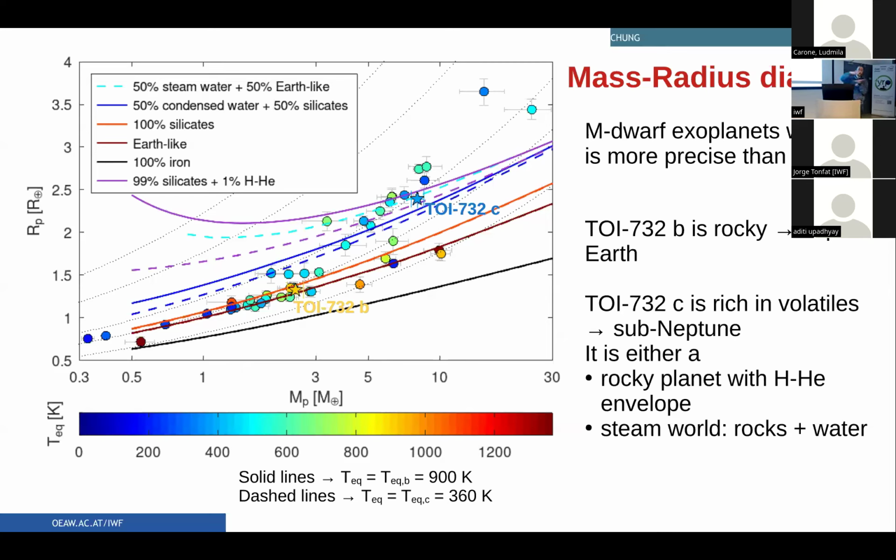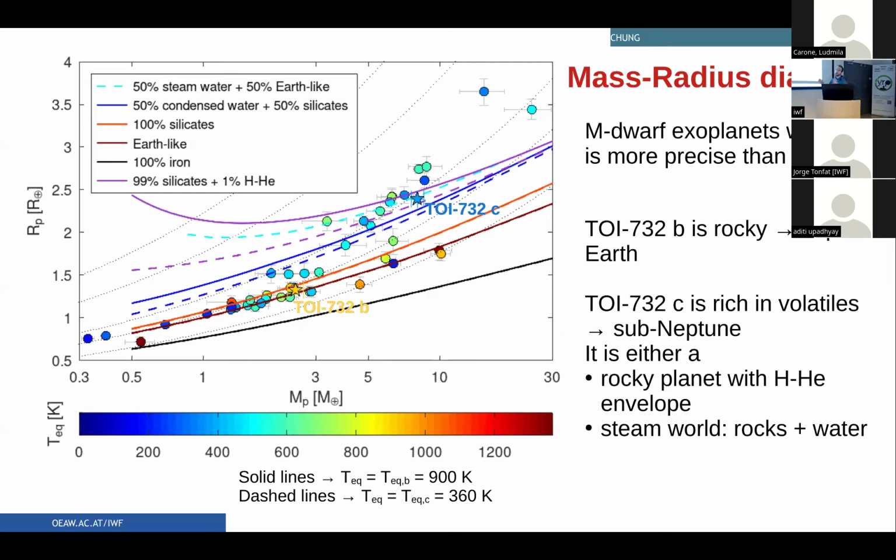In the case of a pure rocky body, there's essentially no difference in this regard. So what we can conclude just by looking here is that it is pretty certain that the innermost planet, planet B, is basically a rocky one. Okay, if you compare this with the location of the models, we shall call it a super Earth.